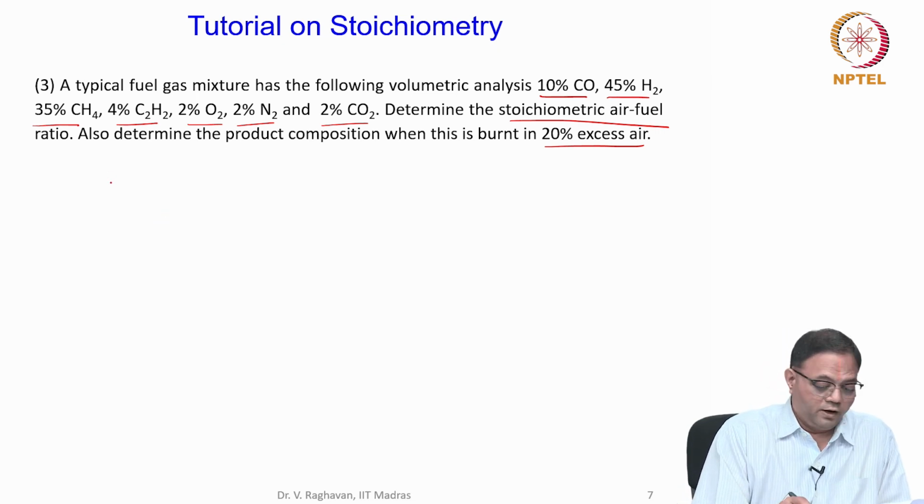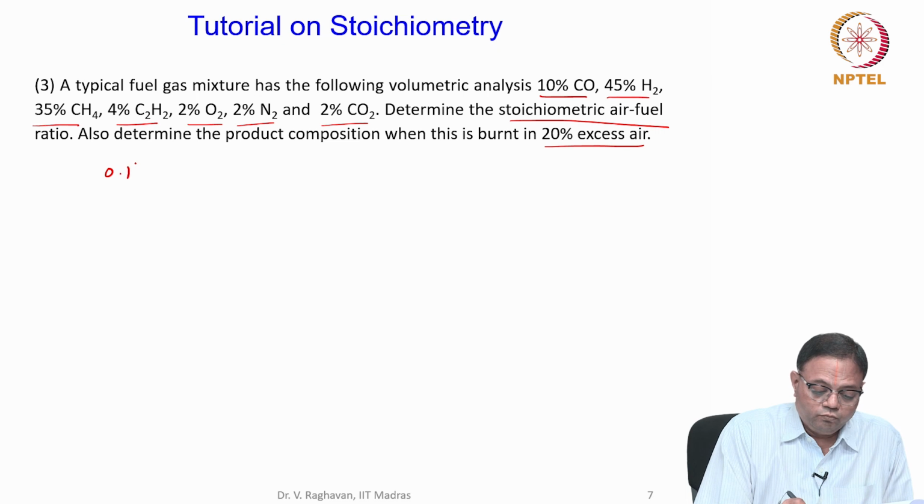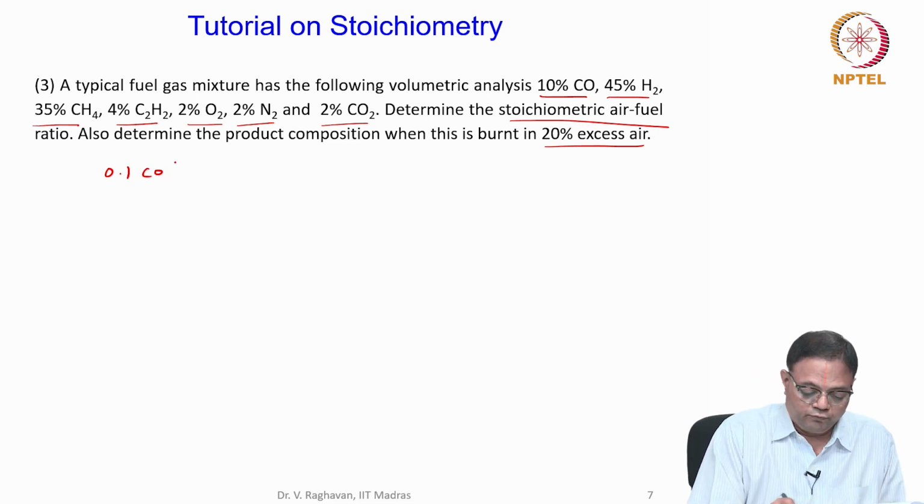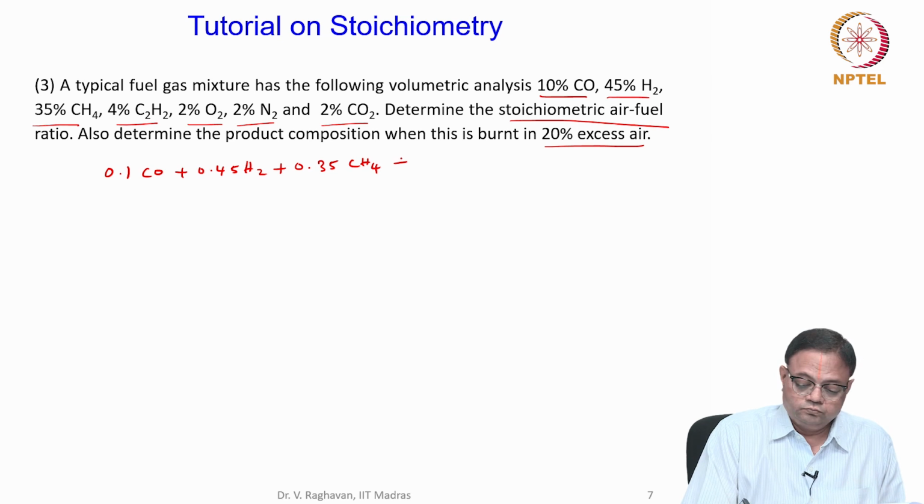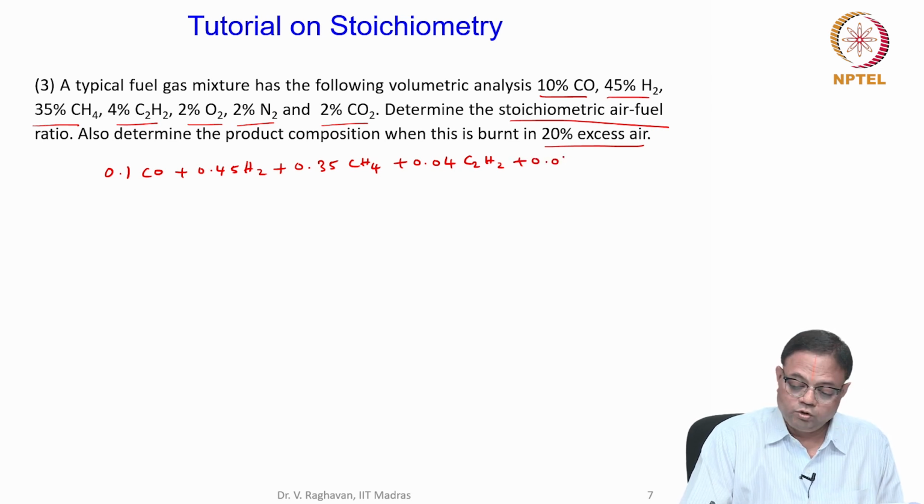So now let us say my fuel will be written as 0.1 CO plus 0.45 H2 plus 0.35 CH4 plus 0.04 times C2H2 plus 0.02 times O2 plus N2 plus CO2.